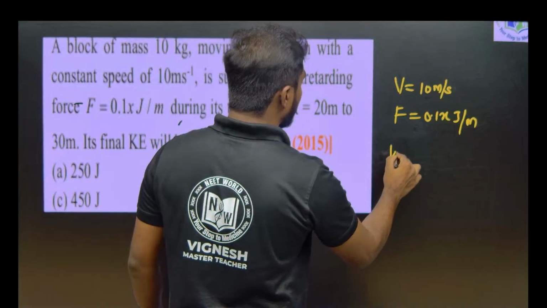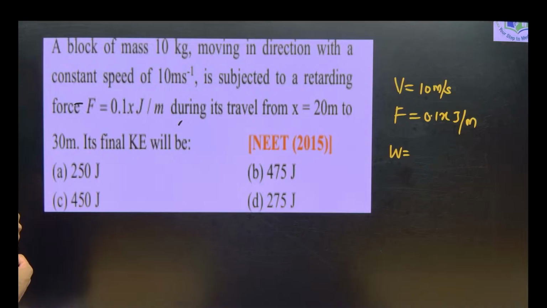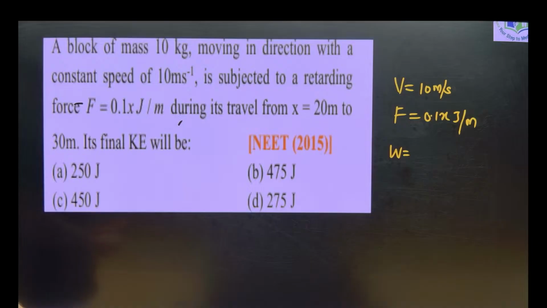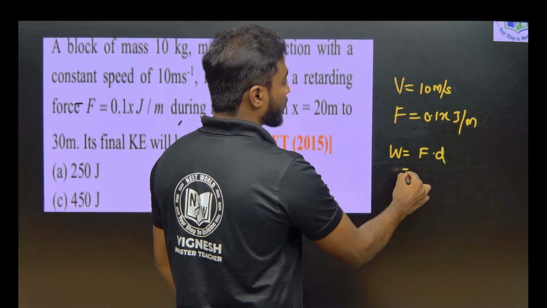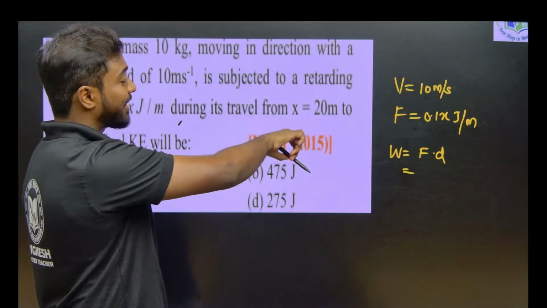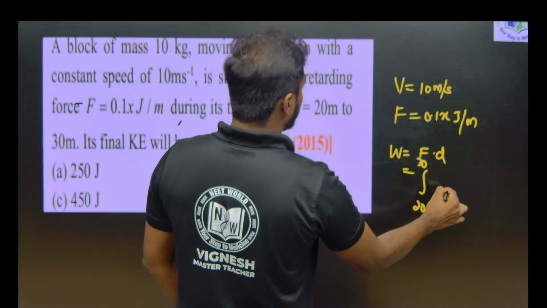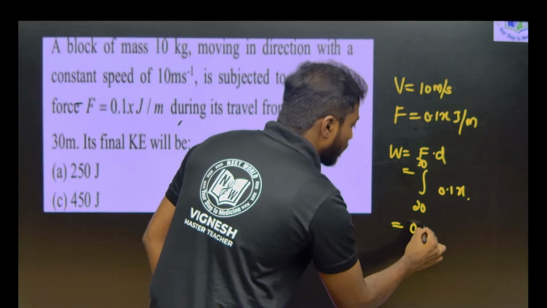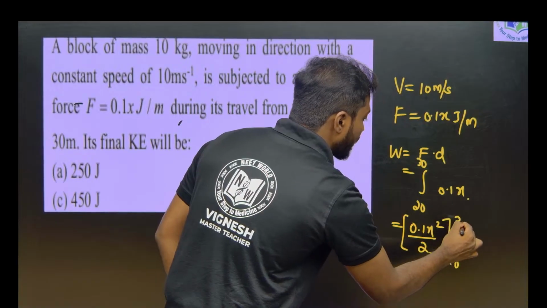So work done will be equal to what they are asking, kinetic energy, right? So its final kinetic energy will be, right? So what is work done? Force into displacement. Force is given, the displacement in terms of x they have given. So integral from 20 to 30 of 0.1 x, so 0.1 x square by 2 from limit 20 to 30.